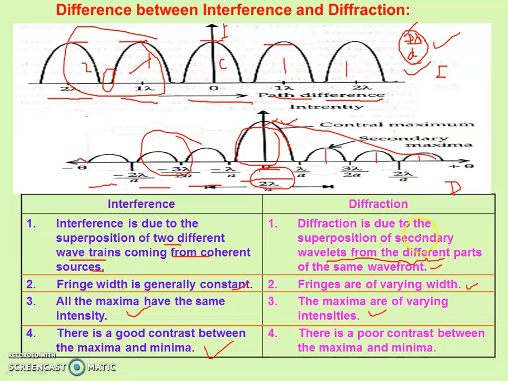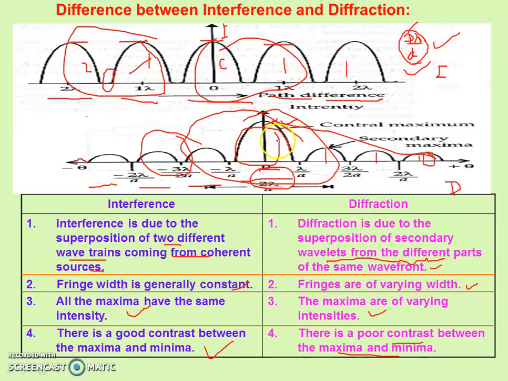But there is poor contrast between maxima and minima in the case of diffraction, since the intensity of maxima is very small for higher orders, so its intensity is too low, and we cannot distinguish the maxima and minima perfectly. Means there is no sharp boundary between maxima and minima, so it is called poor contrast. So there is poor contrast between maxima and minima in the case of the diffraction pattern. So this is the difference between interference and diffraction, right?